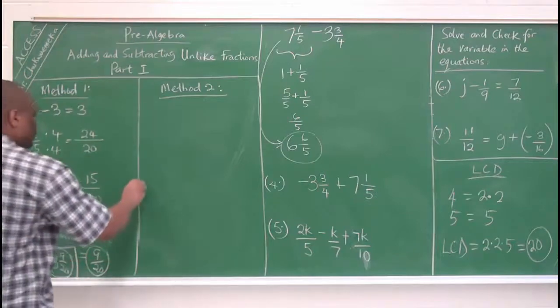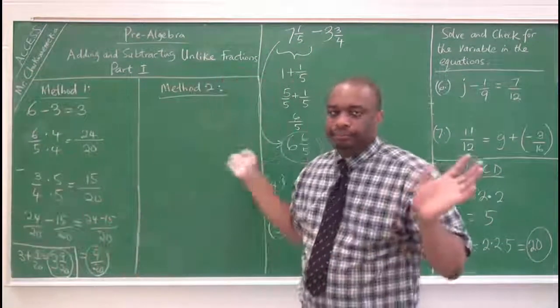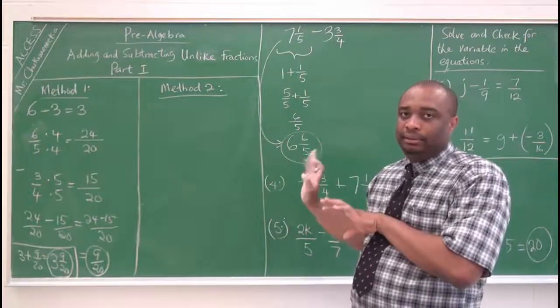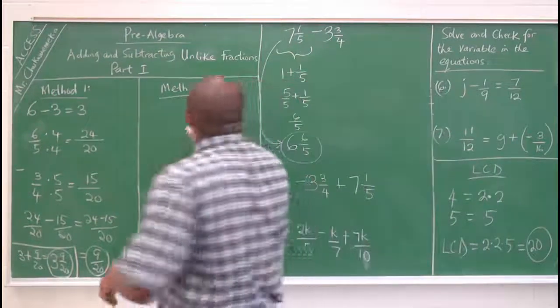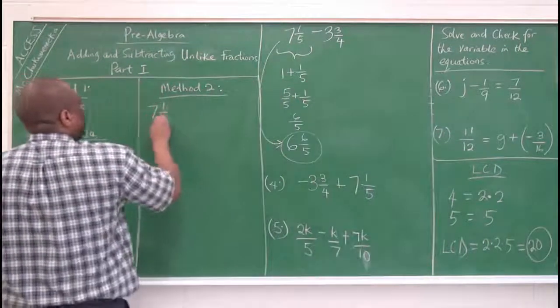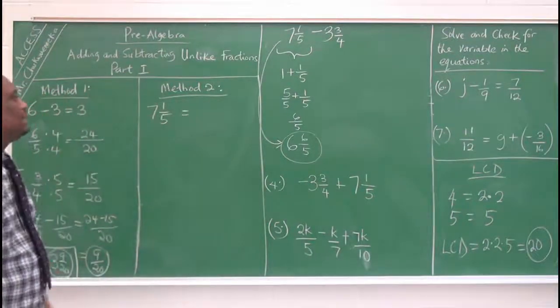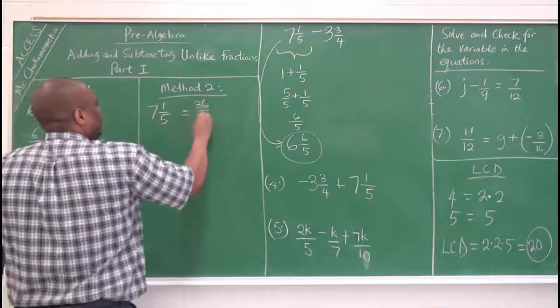Okay, now, if you want to avoid this issue, you can just use method 2 in this kind of question. Okay, with method 2, let's go ahead and use method 2. This will be 7, 1 out of 5. So this is 5 times 7 is 35 plus 1, 36 over 5.